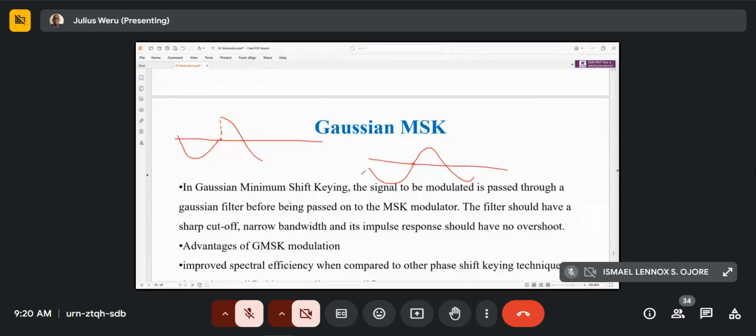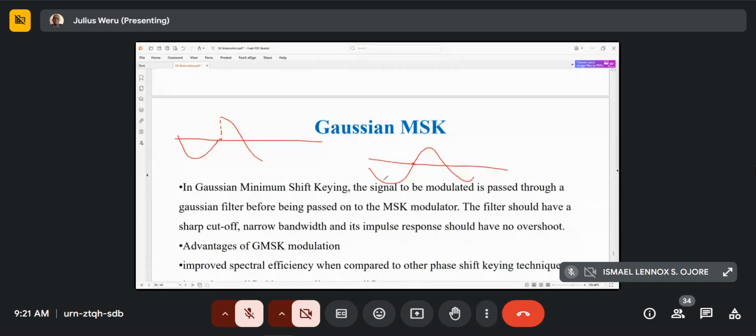So, Gaussian MSK. I mention it because this is what is used in GSM, the precursor of 3G. Now we are not even in 3G, we're in 5G.